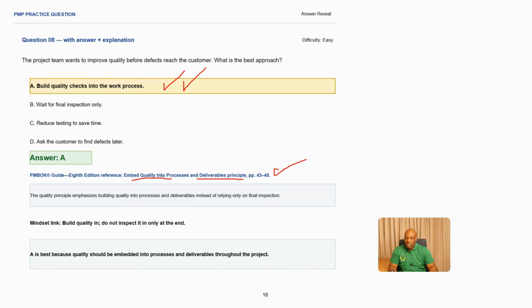The quality principles emphasize building quality into processes and deliverables instead of relying only on inspection. So what mindset are we applying here? You need to build quality in and not inspect it only at the end. This can lead to delays in the project, making A the best answer, because quality should be embedded into processes and deliverables throughout the project.